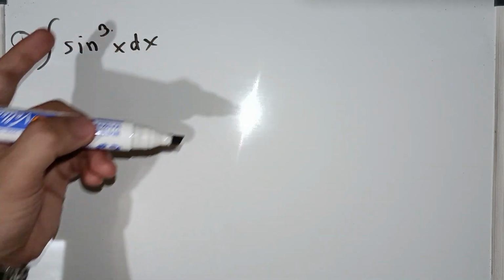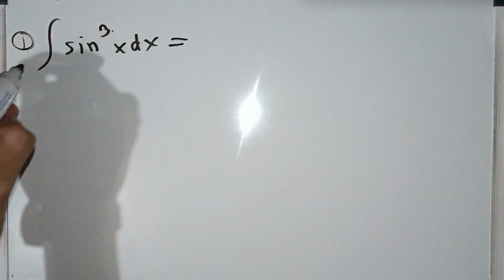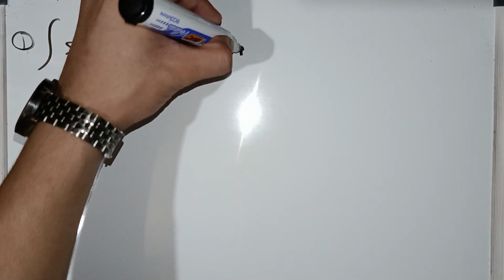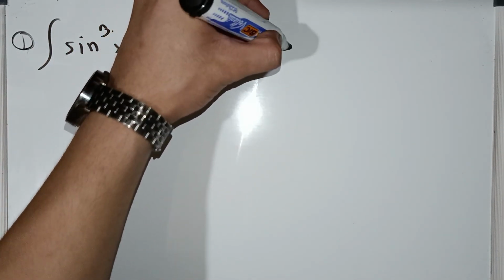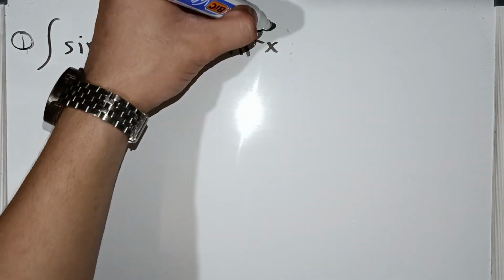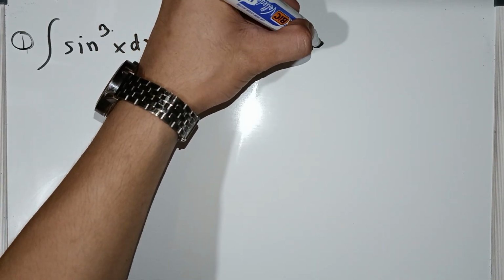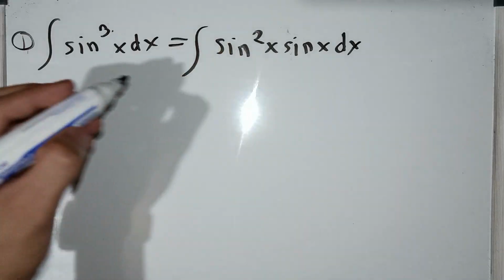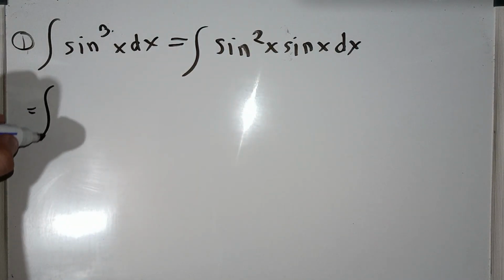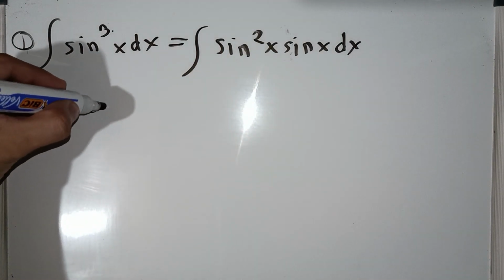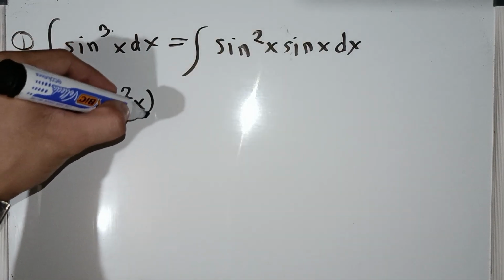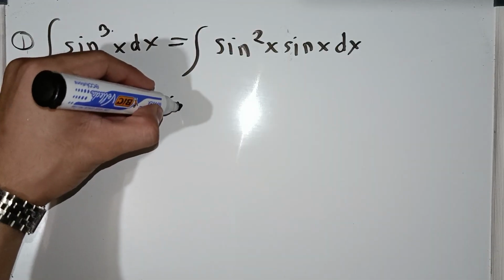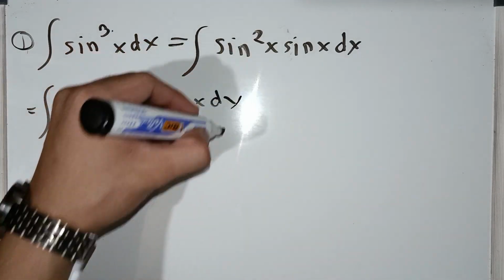So it will become the integral of sine squared x sine x dx, transforming sine squared x into 1 minus cosine squared x, and putting down the sine x, so it will become this one.